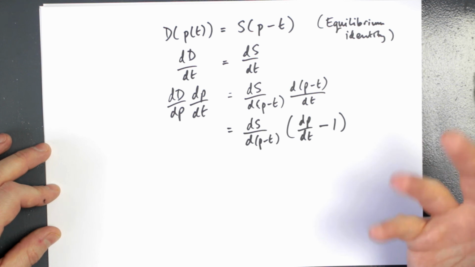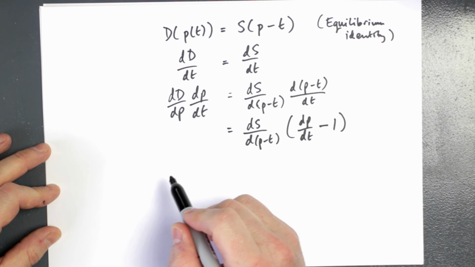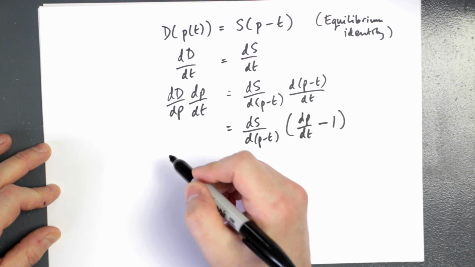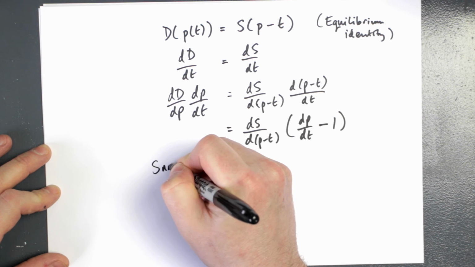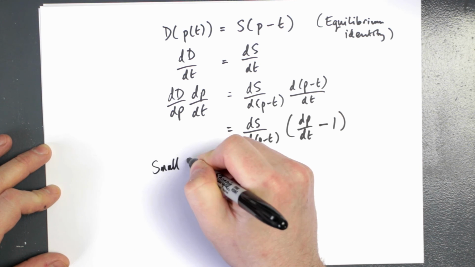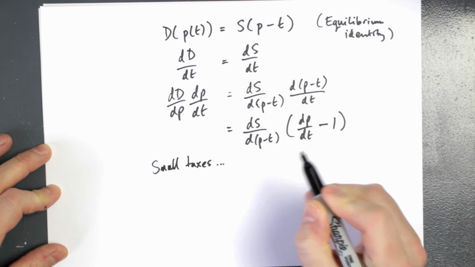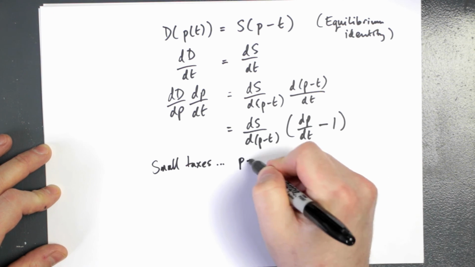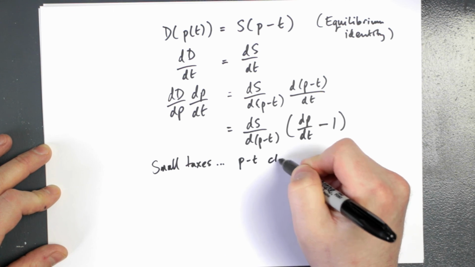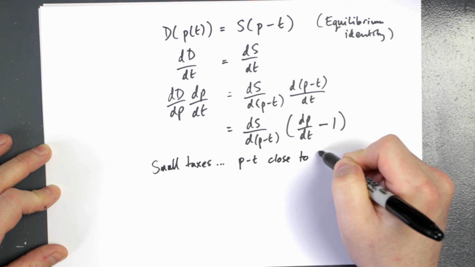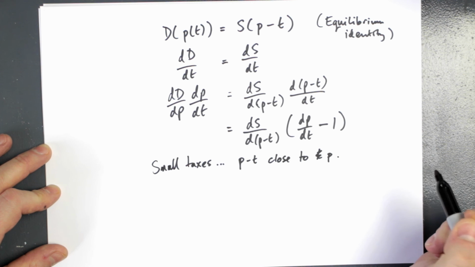Now, in the book, this isn't made entirely clear. So I think the easiest way to do the next step is to just say, well, let's consider small taxes. We're only going to be talking about small taxes, and our equations are only going to be approximately true. So P minus T, if the tax is very small, is very close to P, okay?